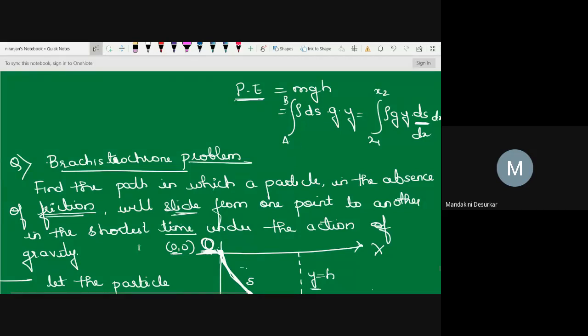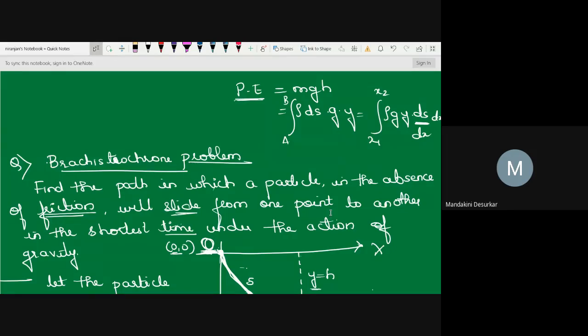The shortest time for a particle to move from one point to another is a cycloid. That's it, and you can conclude your statement. It is lengthy, I do agree, but still it is very important. One of the very standard examples it is.